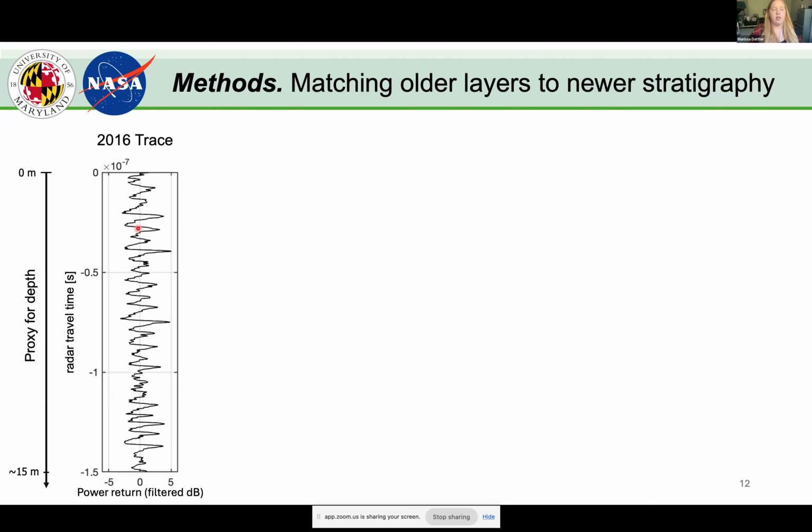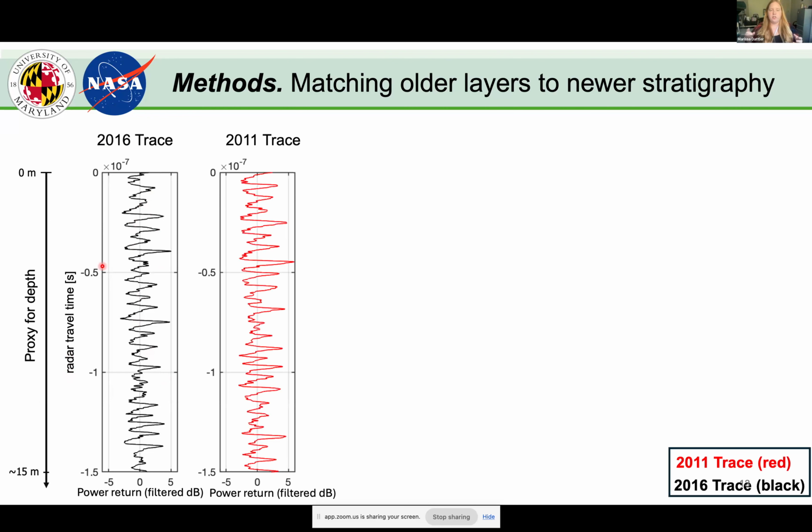You can see the variations in power return, which represent these layers. So this is from a 2016 trace. If we compare this to a 2011 trace, so a trace that was taken just 5 years previously to the 2016 trace at the same location, we could try to line up the layers to see if we can get accumulation and compaction.